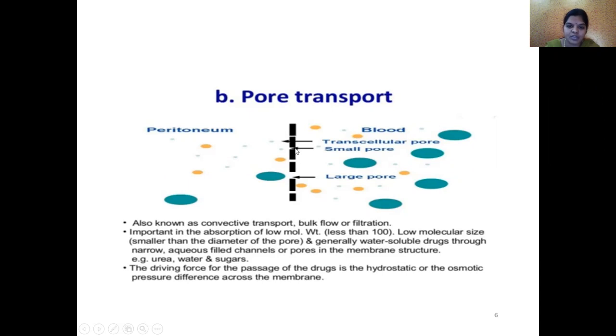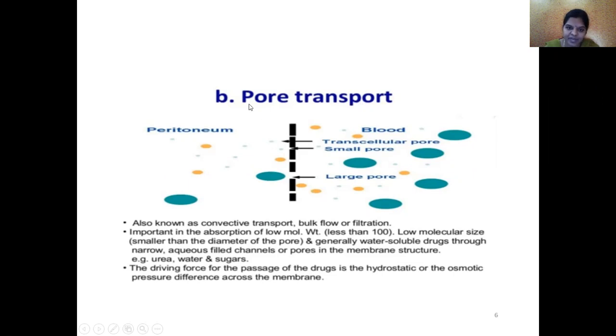There is a chance to form pores in the GI lumen for entering or exiting of your drug between the peritoneum and the blood. That's why the name is pore transport.